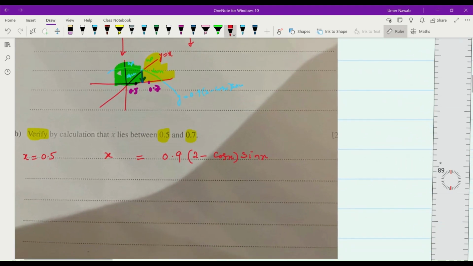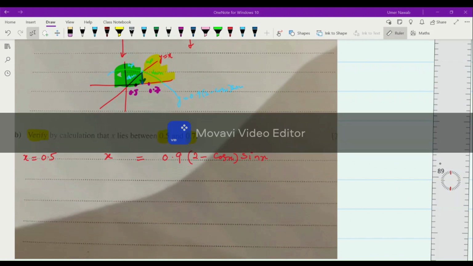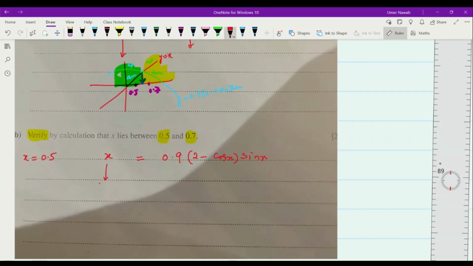At first, you have to convert your calculator into radian mode. Okay. Now I'm going to substitute on the left and on the right and try to compare their values. So x is coming here. When I substitute it, it gives me 0.5.